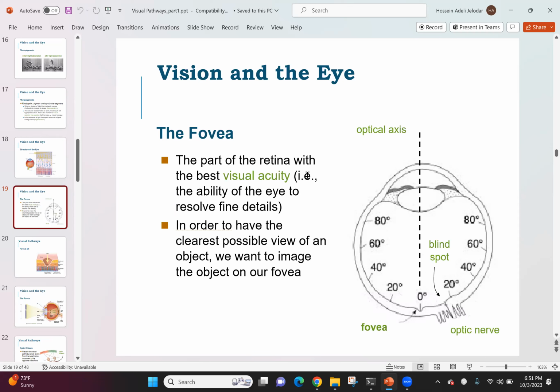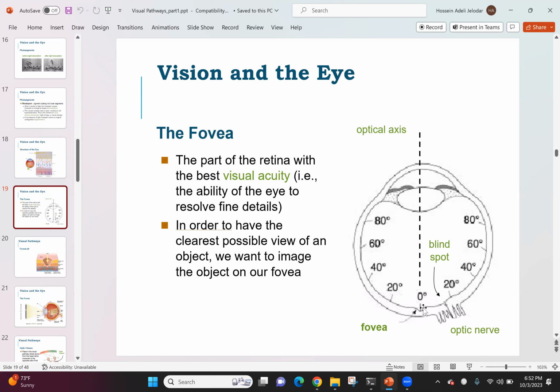Any lens has an optical axis where light goes through with no distortion, and that's where the fovea would be, where the light travels without any bending.